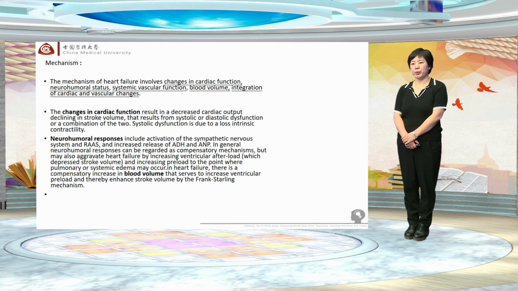Neurohumoral response includes activation of the sympathetic neural system and the RAS system, and increased release of ADH and AMP. In general, neurohumoral response can be regarded as a compensatory mechanism, but may also aggravate heart failure by increasing ventricular afterload.